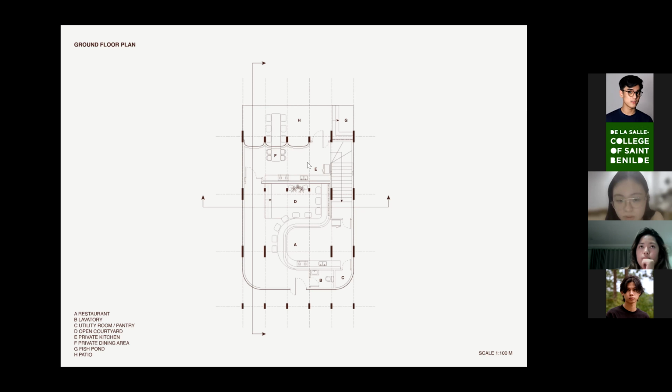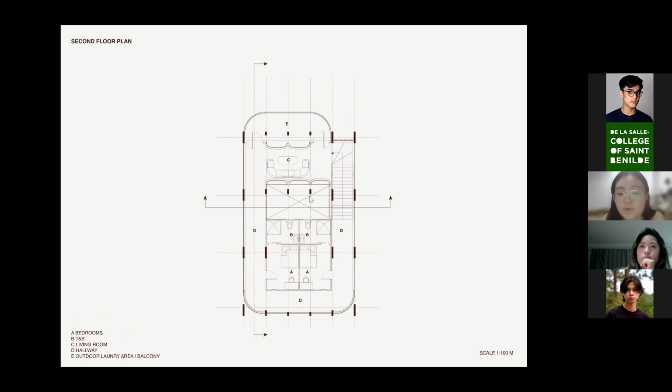Once you reach the back, there's a patio and a fish pond that connects to the shop houses adjacent to it, so you could also immerse in the community activities.